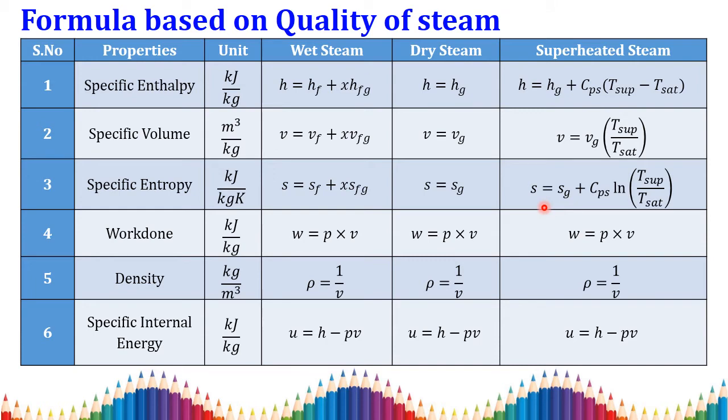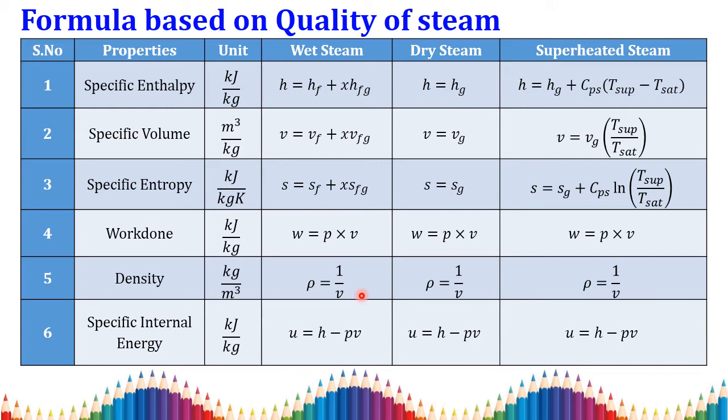Also for work done, we know the flow work is equal to P into V. So work done is equal to P into V for all three cases, but the specific volume will vary according to these three different conditions. Also, the specific volume is the reciprocal of density, or density can be written as 1 by specific volume, in all three cases.